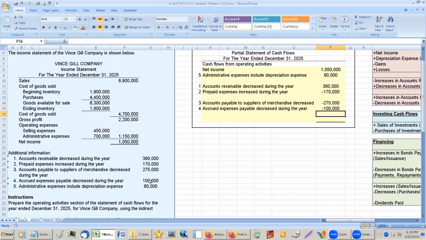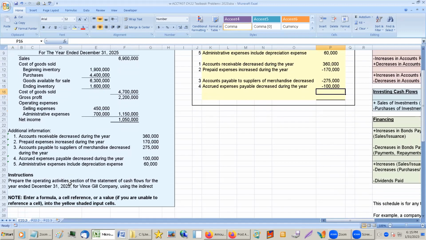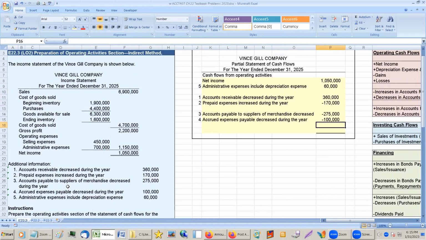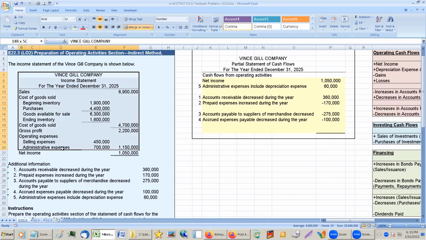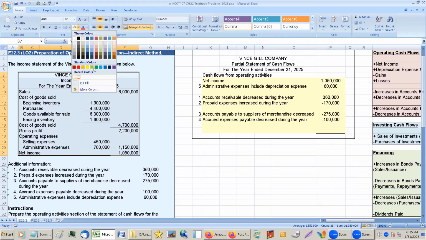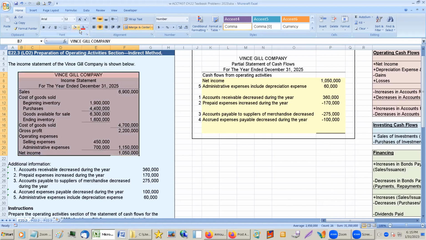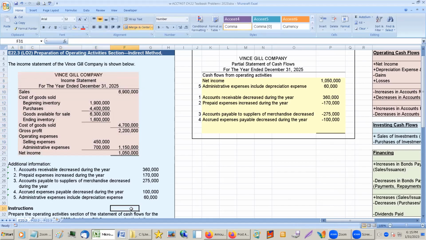Now, there's actually one more current asset that is very sneakily tucked away in the income statement. What asset is it?